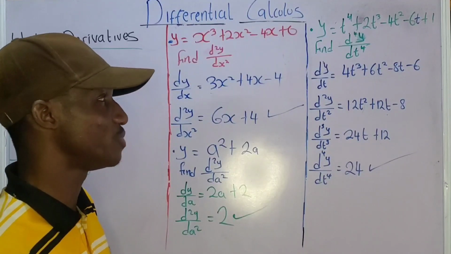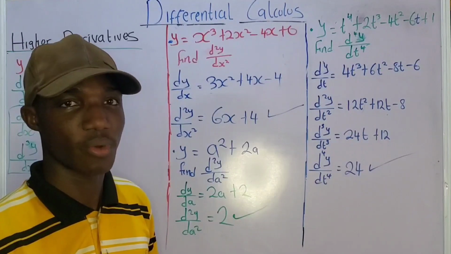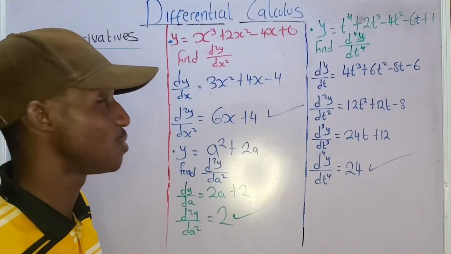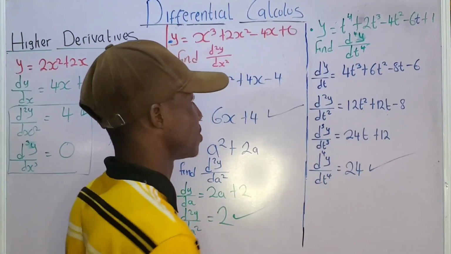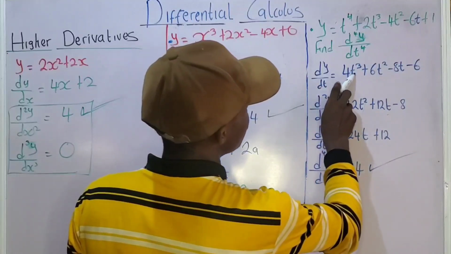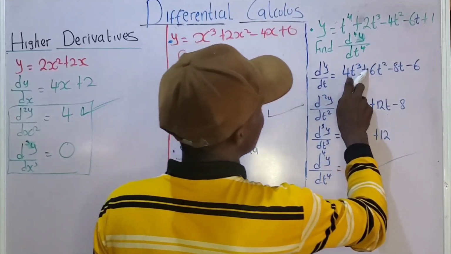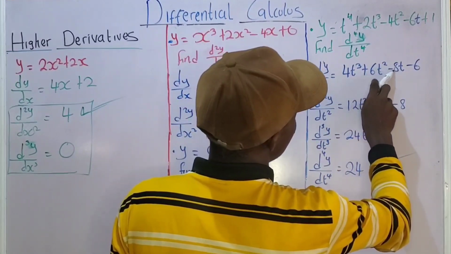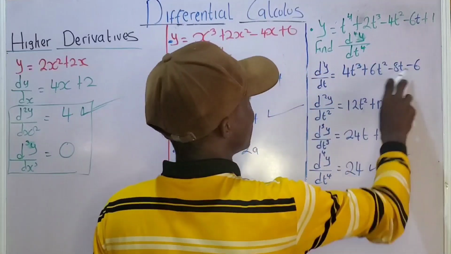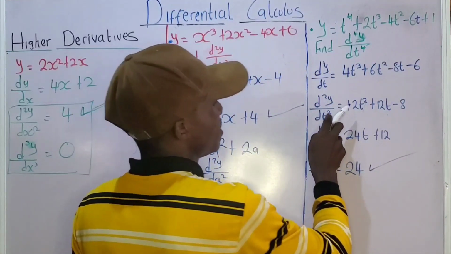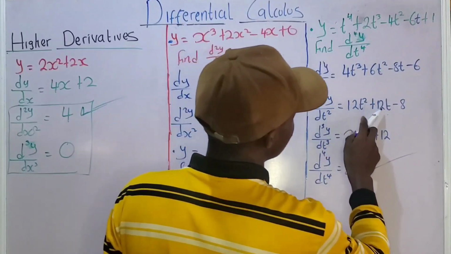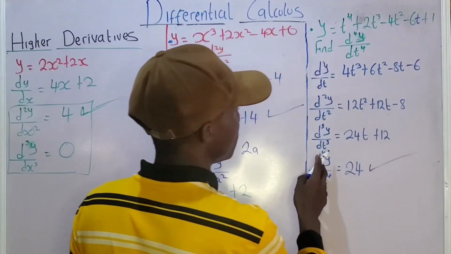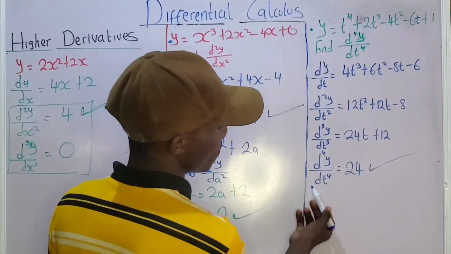Just go through the video and learn how to differentiate using the power rule. So I just make use of the polynomial rule to differentiate this function. The first derivative gives me 4t cubed plus 6t squared minus 8t minus 6. The second gives me 12t squared plus 12t minus 8. The third gives me 24t plus 12, and the fourth gives me 24.